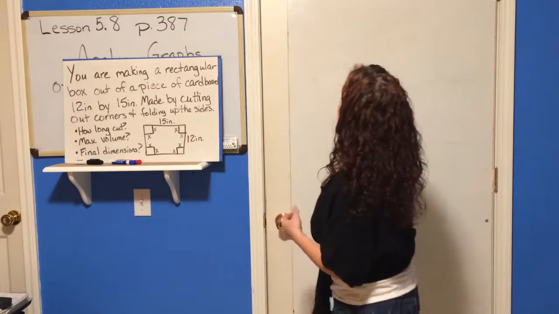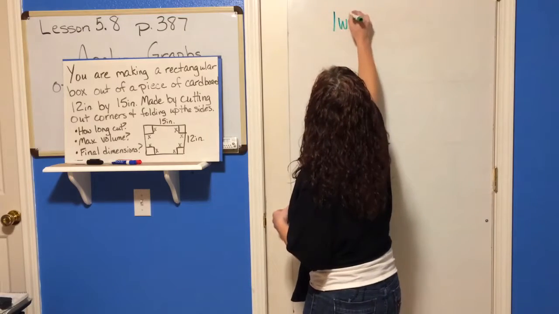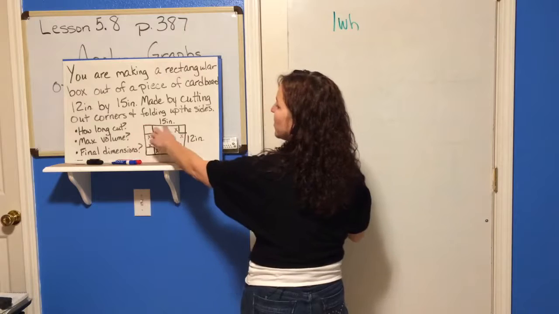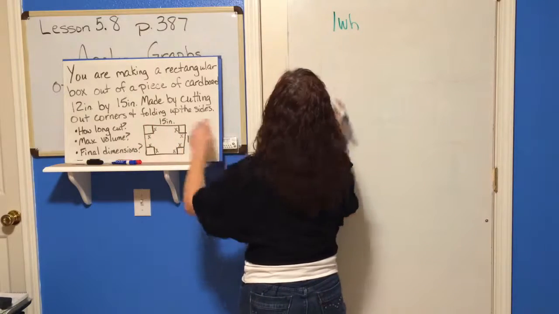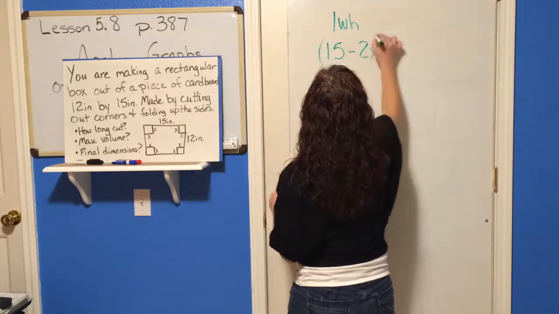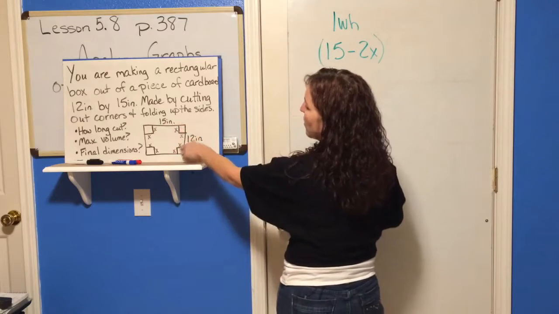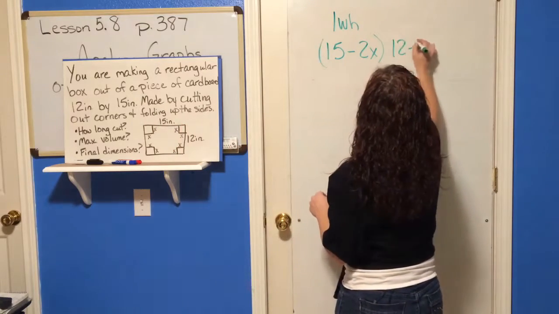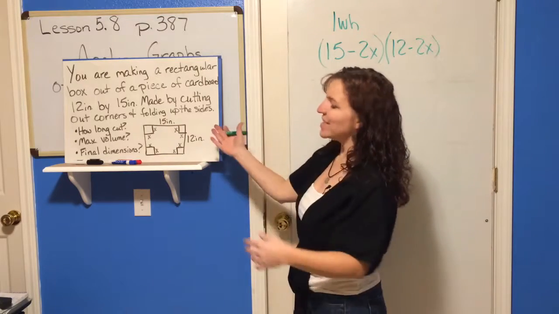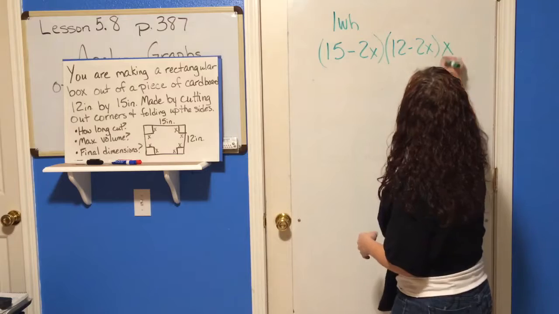So you're going to want a length times width times height. And so what you're going to do is, you're going to take the length is 15 minus 2x. The width is going to be 12 minus 2x. And the height is going to be, when you fold up those sides, the height is going to be x.